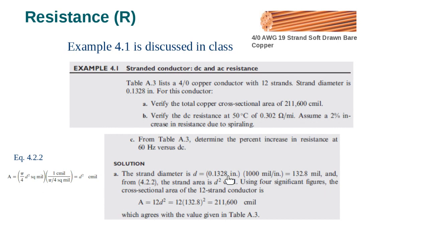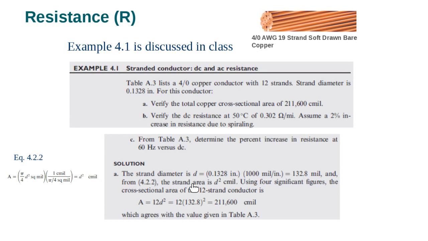After we change 0.1328, first of all, into mils. Now remember d or d squared: d is the diameter, therefore it will be mils, not square mils, not circular mil. If it's d squared, then it will be circular mil. But this is length, so it is in mils. Area is in square mils.